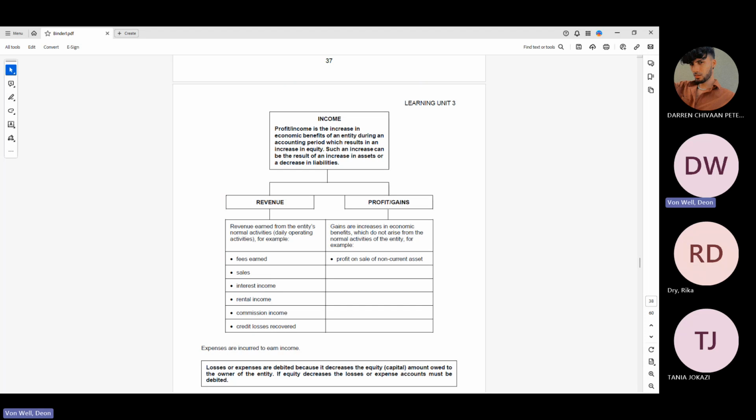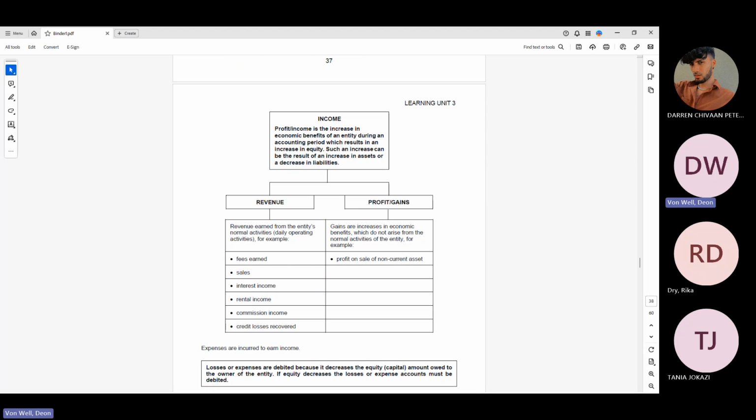My revenue is where I have either sold an item or provided a service, because revenue can either be by providing a service when I'm a service entity, or when I'm a production entity, I make or buy stuff and sell it. It's items that I'm selling.